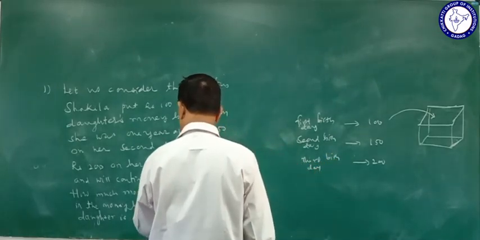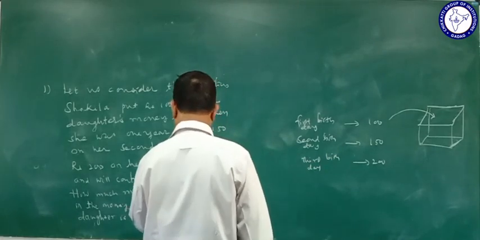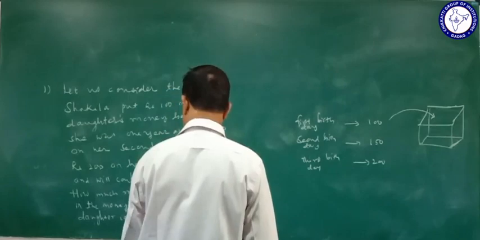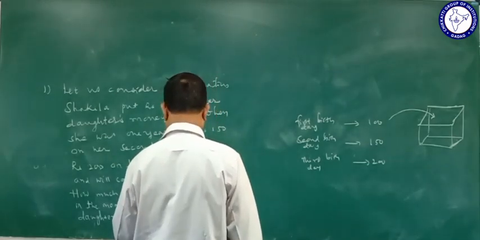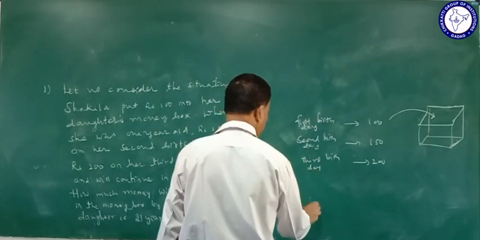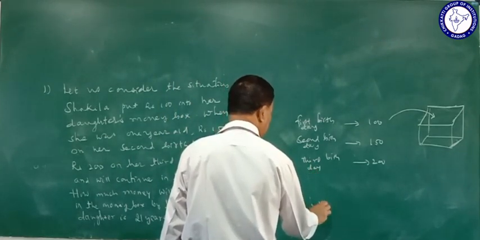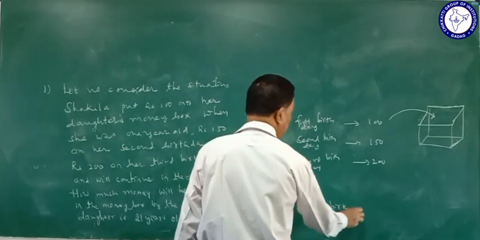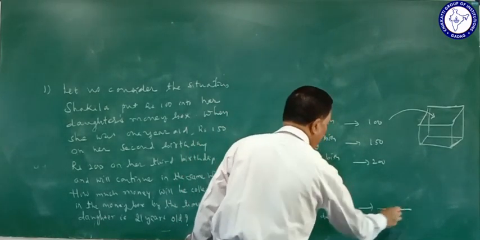And that will continue in the same way. How much money will be collected in the money box by the time her daughter is 21 years? It means to say 21st birthday. See, total amount.